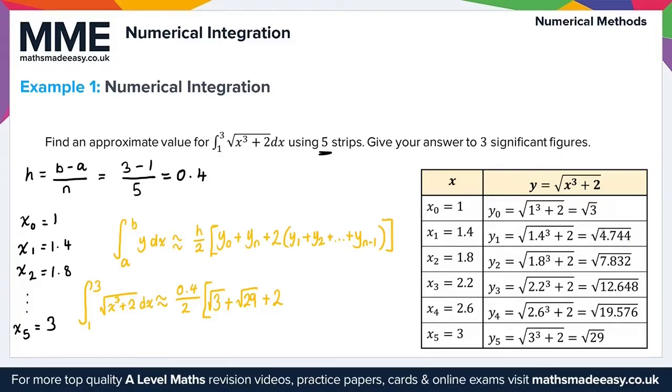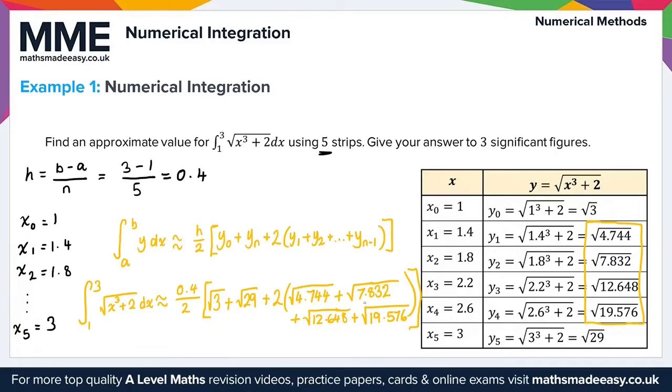Essentially we do 2 lots of these square roots, so we write them out in full: the square root of 4.744 plus the square root of 7.832, plus the square root of 12.648, and finally plus the square root of 19.576. That gives us everything we need.